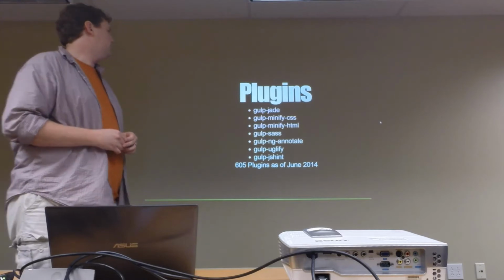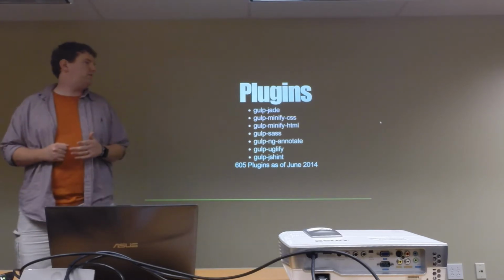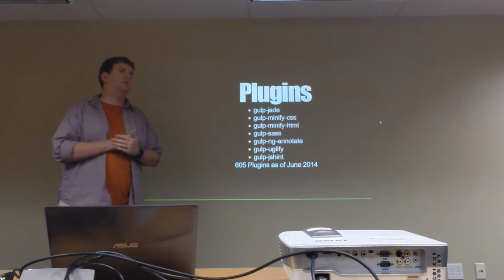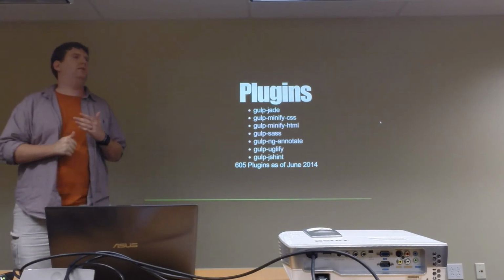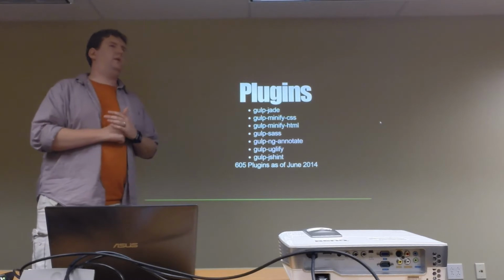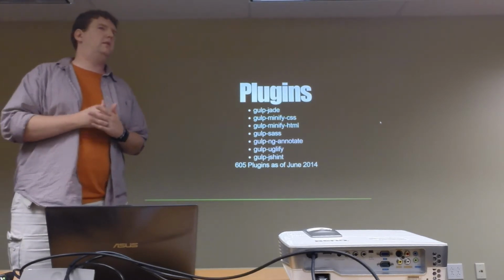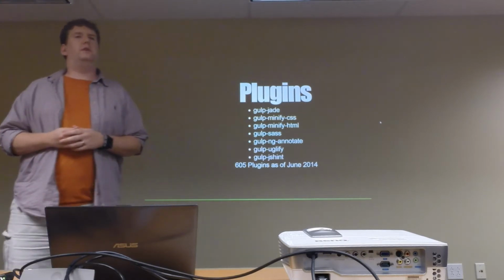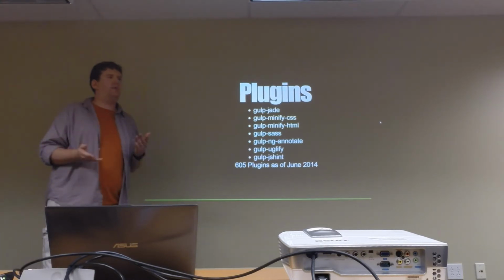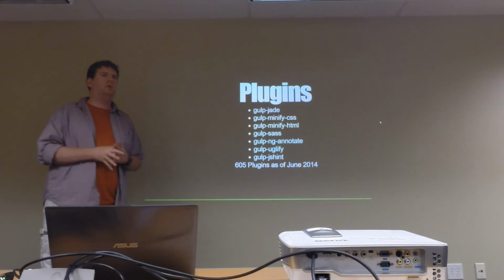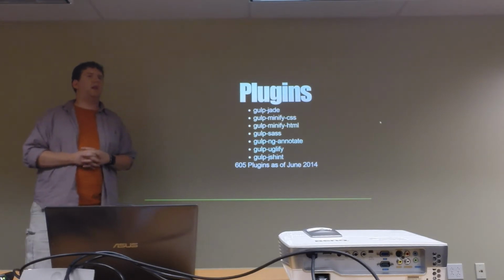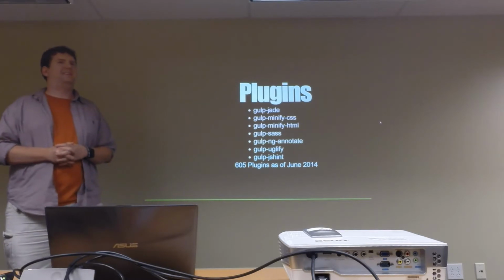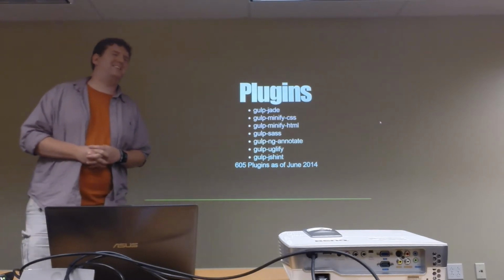I checked last night, and there are 605 plugins for Gulp as compared to the 3,000 something for Grunt, which, you know, that's a bit of a gap there, but again, Gulp has a bit of a monitoring system for the plugins library, and I don't actually know, do you guys know if Grunt has any sort of monitoring, or can anyone submit to it? The ones that are blessed have the word contrib in their name, and there's a star next to them when you look them up, but that's it. Okay, okay.